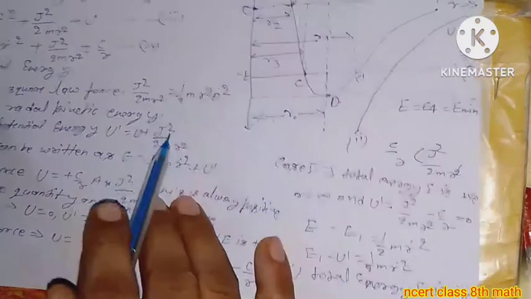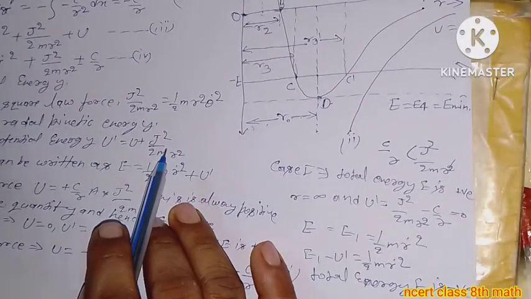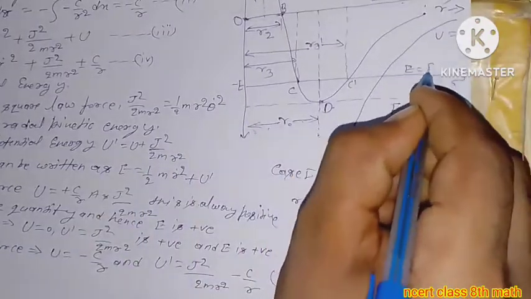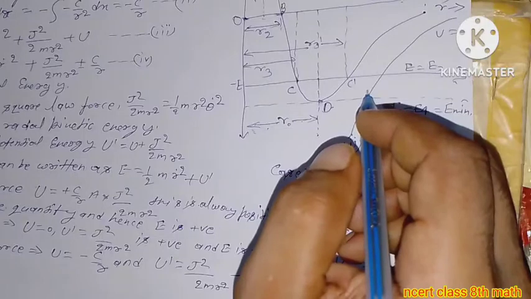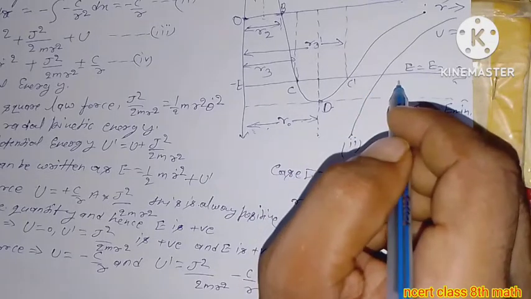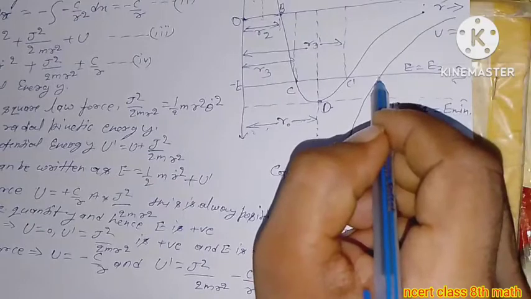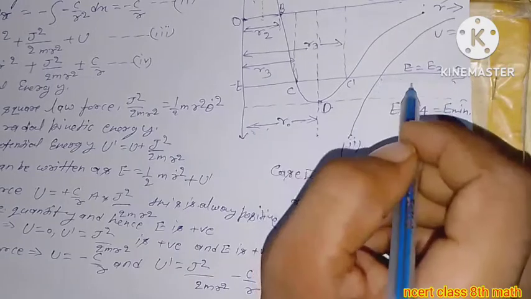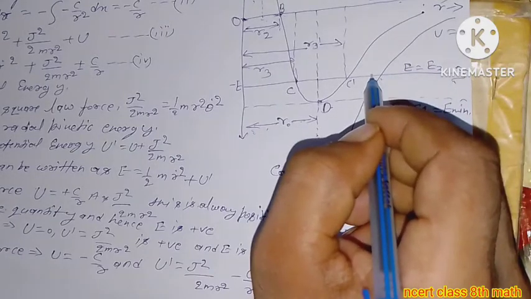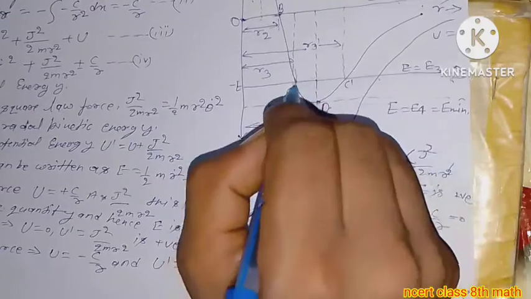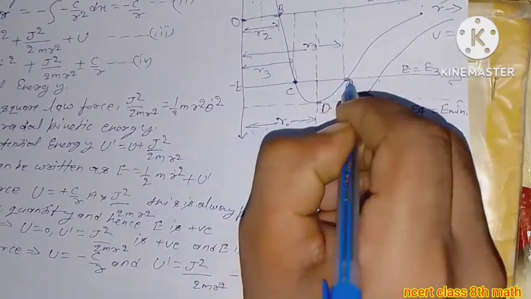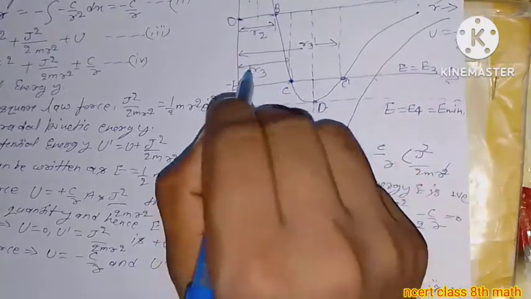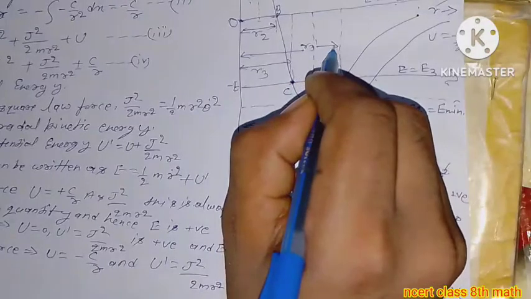Suppose the total energy line for E3 cuts the curve for U dash at two points C and C dash, corresponding to radial distances R3 and R3 dash.